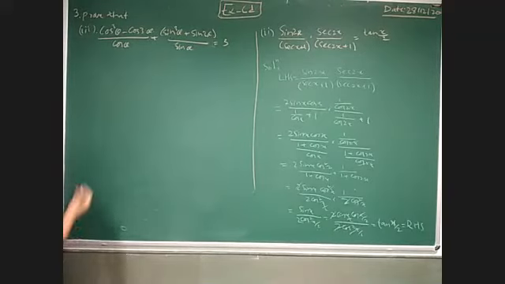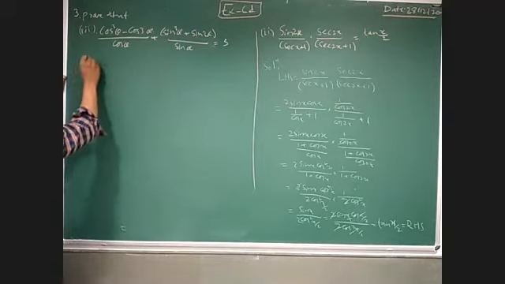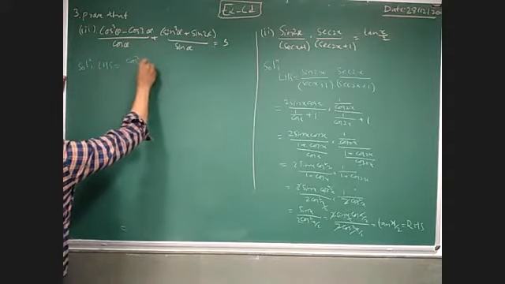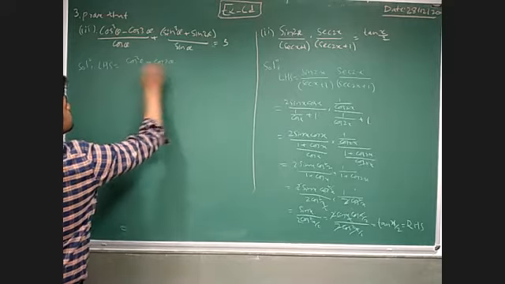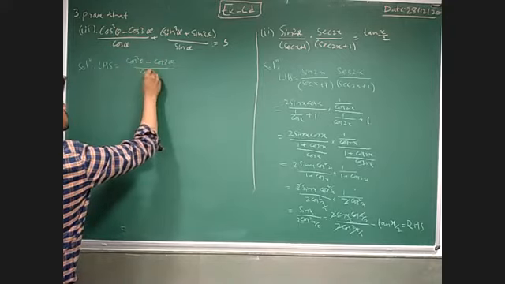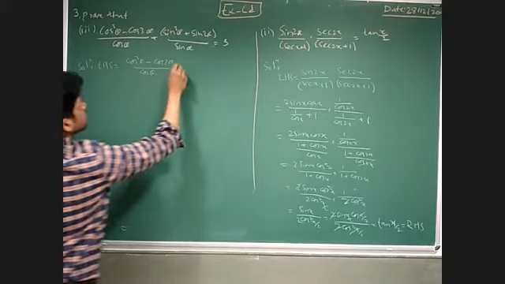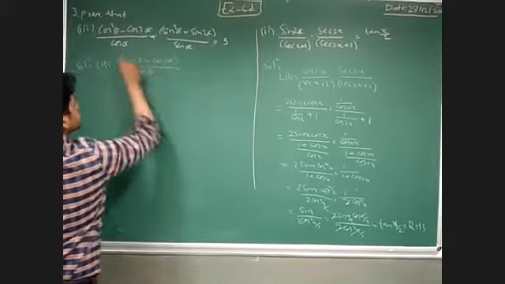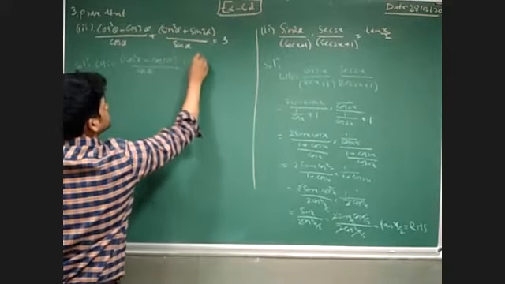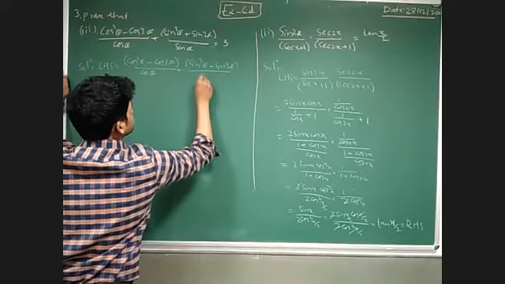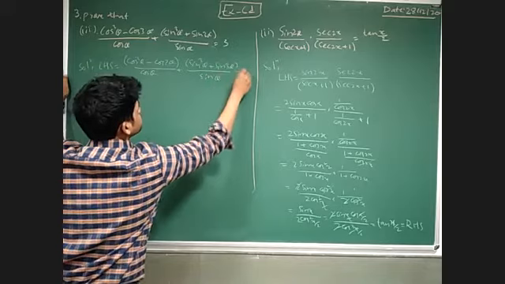Okay, just see, we are going to use only multiple angle and sub multiple angle formula. So here the solution will be: in the left hand side, cos cube theta minus cos 3 theta by cos theta plus sin cube theta plus sin 3 theta by sin theta is equal to 3.